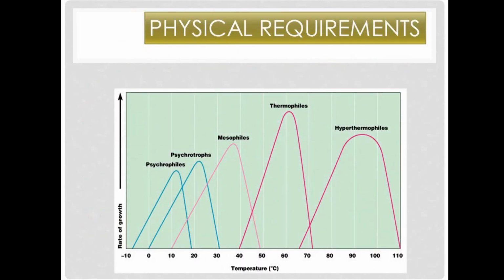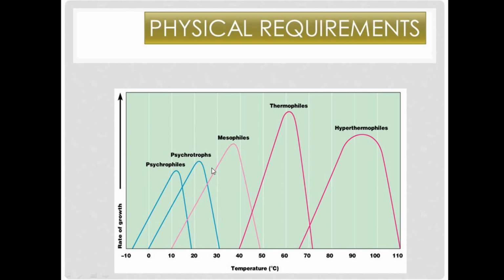So, there are different temperatures needed. As you can see on my mouse pad, there are certain temperatures that we call for a certain bacteria. If they live at negative 10 to 20 degrees Celsius, we call them psychrophile microorganisms.